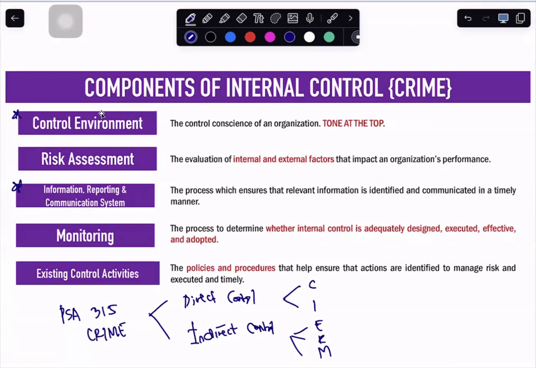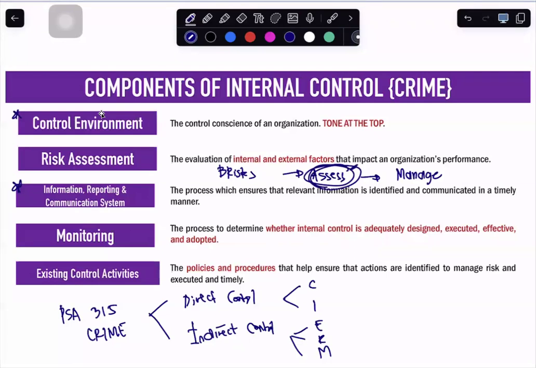While your risk assessment normally is the evaluation of your internal and external factors that affect your organization's performance. So we normally start here by looking into your business risks. And then we assess these risks. And then lastly, we try to manage your risk. So your risk assessment is the part of assess on your whole risk management.